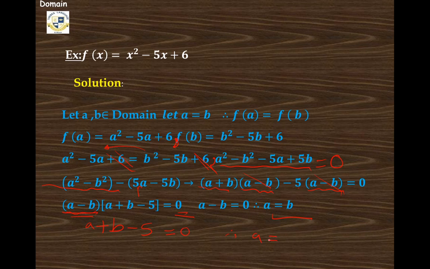Therefore a equals positive 5 minus b. Here a has two values, a equals b, also a equals 5 minus b. Therefore this function is not one-to-one function.